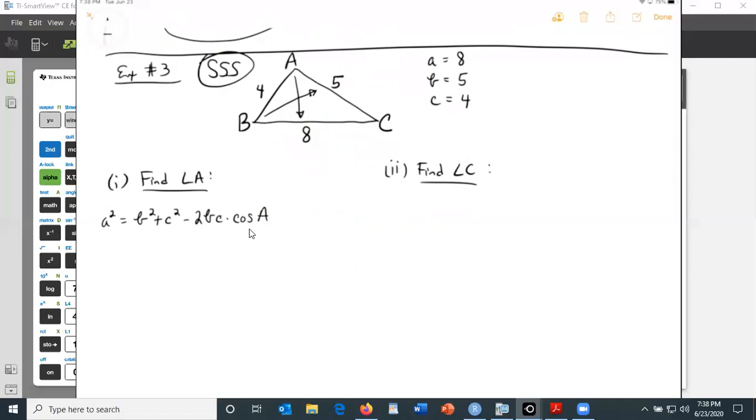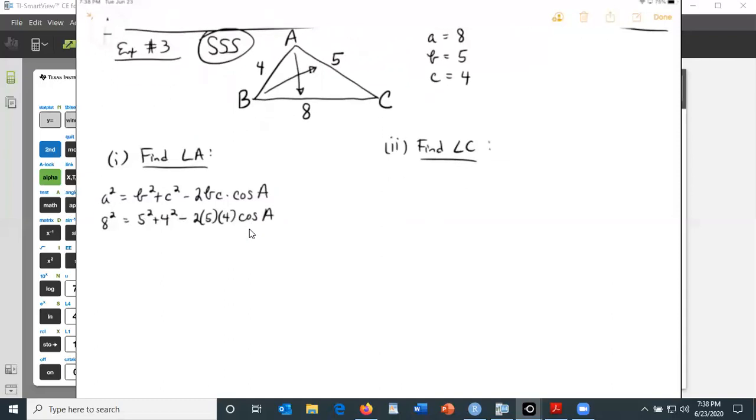A is 8, so we get 8 squared equals 5 squared plus 4 squared minus 2 times 5 times 4 times the cosine of A. Now here you do have to do a little bit of work. You might as well simplify a little bit, and then we have to isolate the cosine of A as our first step there. And then we'll have to do a trig inverse to get angle A.